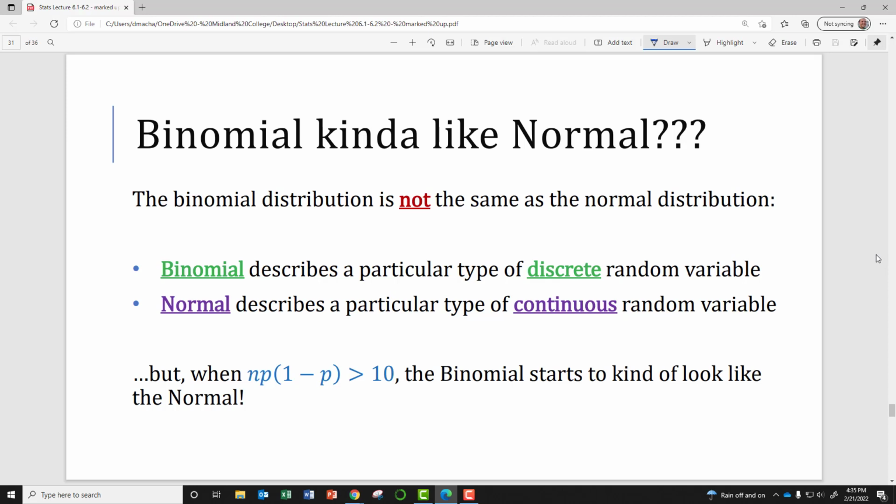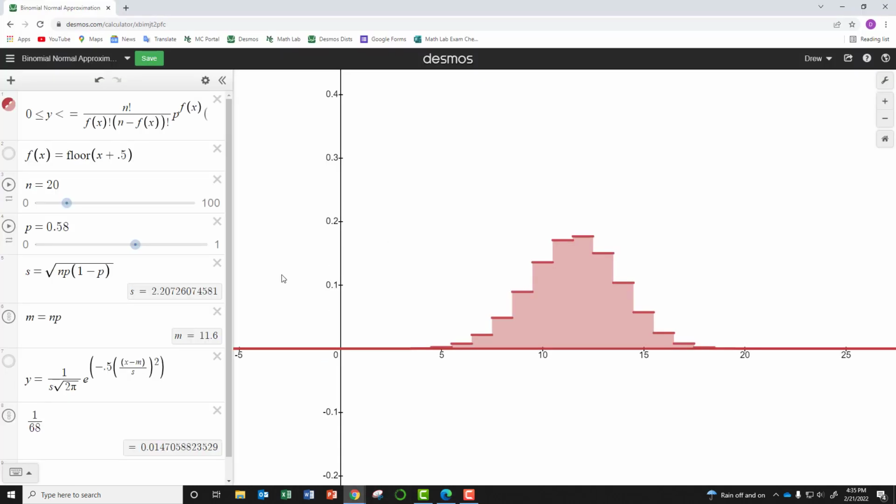But what I want to point out now is that whenever the variance of the binomial distribution is greater than 10, the binomial distribution does start to kind of look like the normal distribution. So remember, n times p times (1 minus p), that's just the formula for the variance of the binomial distribution. And so when that's greater than about 10, we say that the binomial distribution starts to look like the normal.